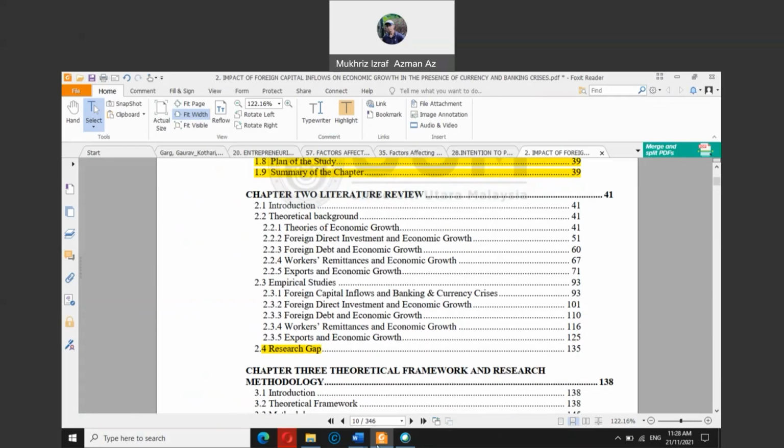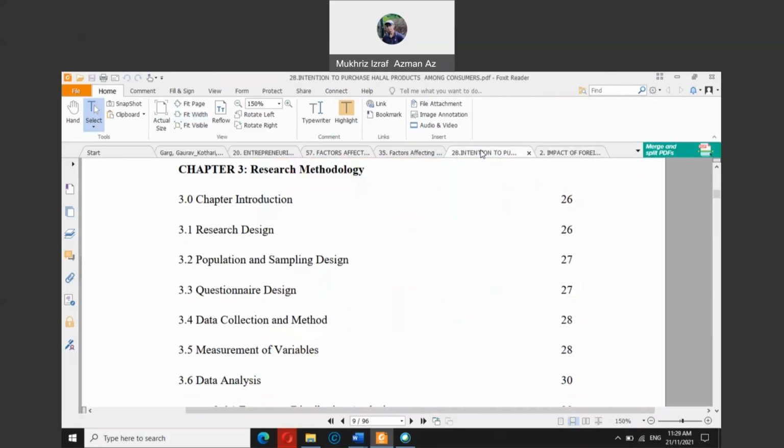So for today, we're going to continue on chapter number 3, on the research method. For chapter number 3, I'm going to use thesis number 28 from the Google Drive, titled Intention to Purchase Halal Products.